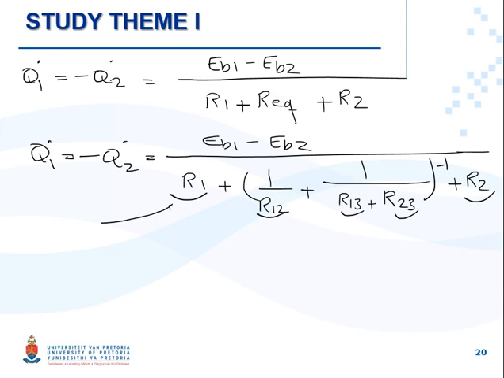So we know that R1 is related to the surface, the same surface resistance, and space resistances are of course related to view factor.